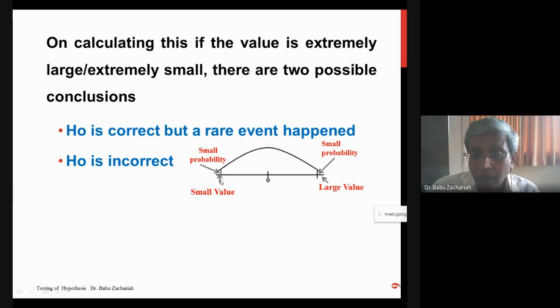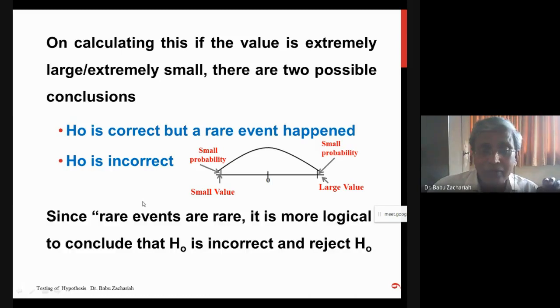A rare event can happen, therefore it can fall there. But if the H0 we used to calculate this is wrong, the curve will be somewhere else. That is another possibility. But we conclude this way: since rare events are rare, it is more logical to conclude that H0 is incorrect and reject H0.